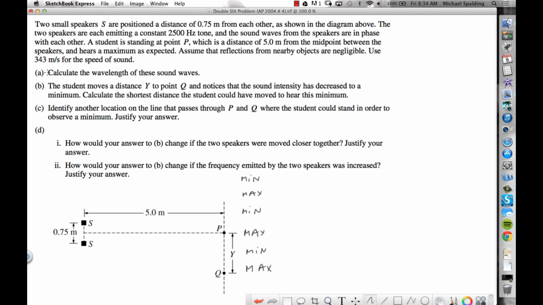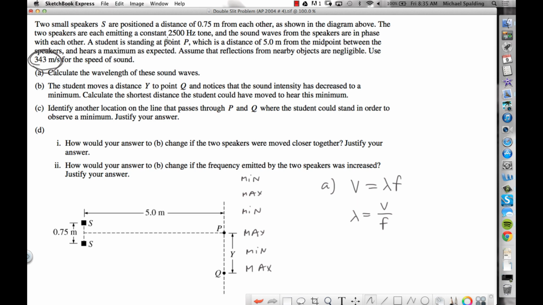Okay, first question. Let's start calculating. A, calculate the wavelength of these sound waves. Super easy. What's the equation for the velocity of a wave? Wavelength times frequency. So the wavelength is going to be velocity over frequency. They give us the velocity right here.